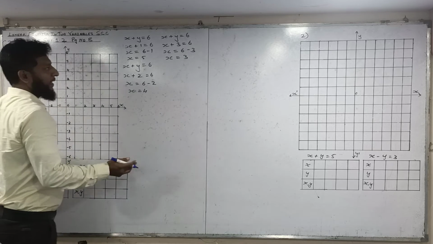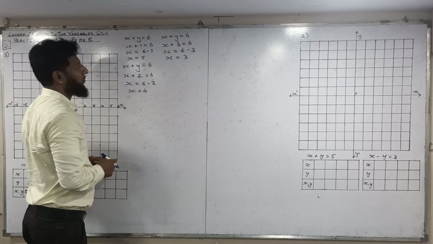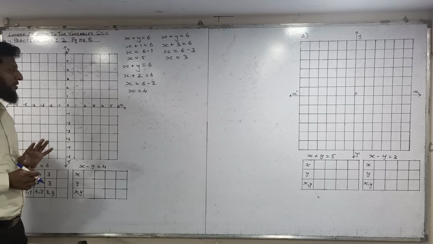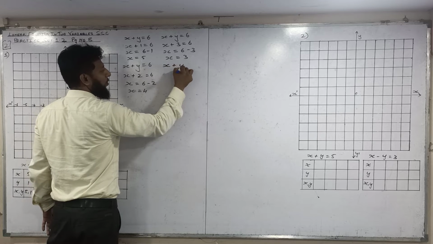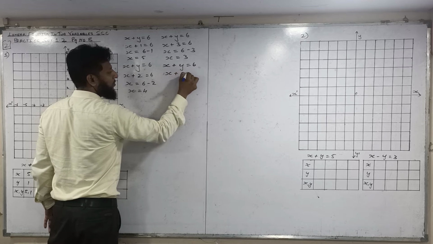Again, one negative value: if I take y as -1, it will go there and become +1, and x value will be 7. Here I have drawn only till 6, so what can I do now? I can use 0. I cannot plot 7 because there is limited space, but you can take -1 in your textbook and draw this. So now I am taking y value 0.